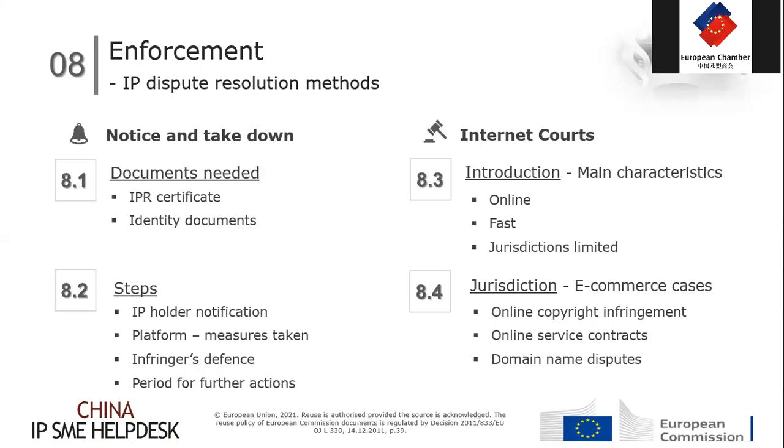So for those cases that are more complex, it is advisable to proceed with this jurisdiction. And finally, we also have the new internet courts, which were made 2 years ago. They are very unique because their main characteristic is that the entire procedure happens online. They are very fast. However, the jurisdiction is quite limited.